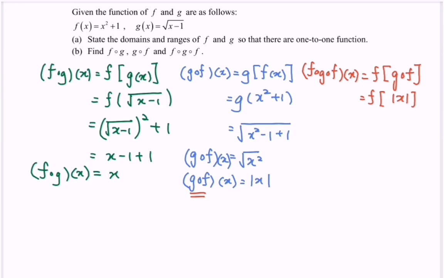So substitute the modulus of x into the function f, where we have the modulus of x squared plus 1. By referring to the definition, as we all know, the square root of x squared represents the modulus of x, then we have the square plus 1. If we simplify the situation, we will have x squared plus 1. That is the function for f∘g∘f.